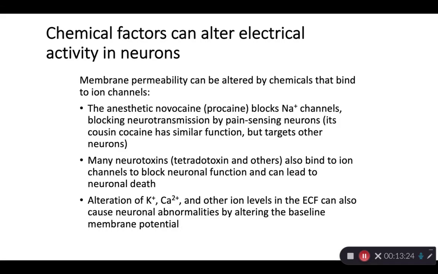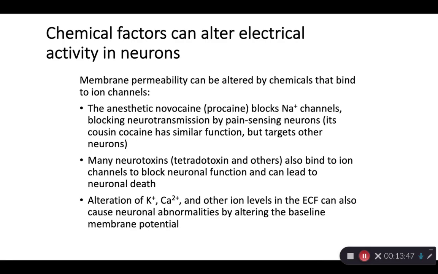So if you had abnormally low or high potassium or calcium or other ions in your extracellular fluid, that's going to change your resting membrane potential, even if you haven't changed the chemical makeup inside the cell. And that can make it either more or less likely for a neuron to fire an action potential, which can really drastically affect the function of your nervous system.